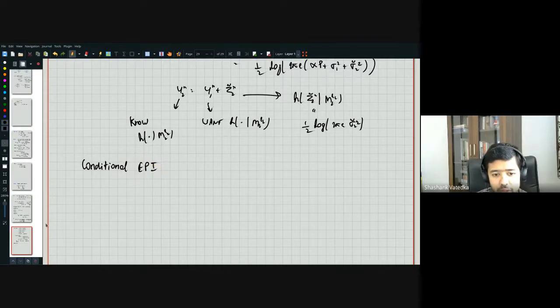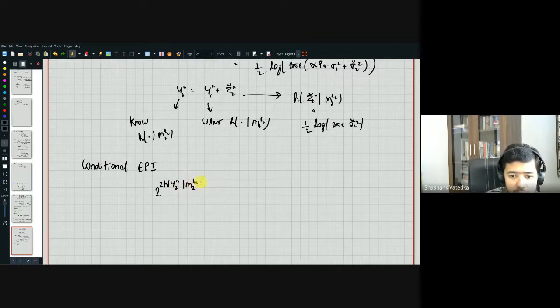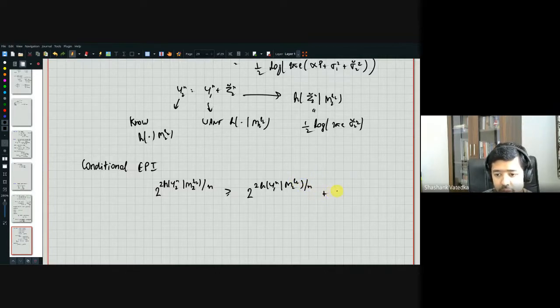The conditional entropy power inequality says that 2 to the 2 times h of y2^n given any random variable, so in this case m2, divided by n, is always greater than or equal to 2 to the 2 times h of y1^n given m2, divided by n, plus 2 to the 2 times h of z2 tilde^n given m2, divided by n.